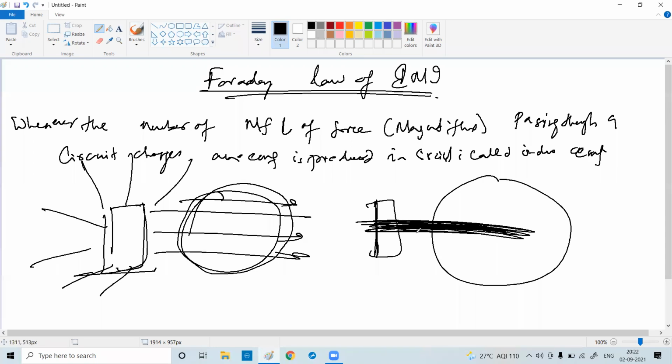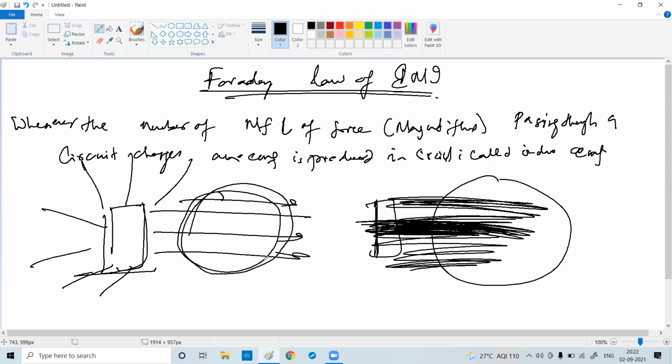When you shook, the magnetic field lines will change continuously. Whenever this change happens, there will be an induced EMF. What is EMF? Voltage. But if you just keep it stationary, then nothing will happen.